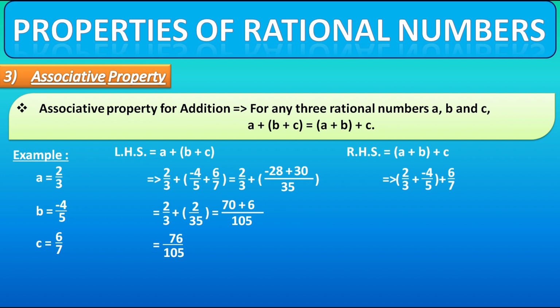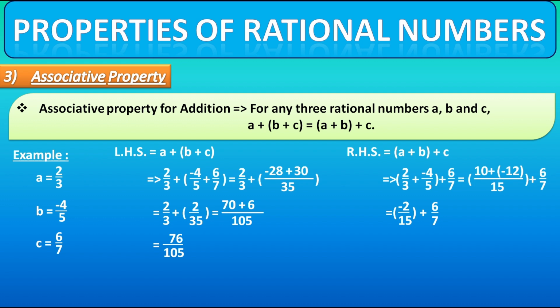Now here 3 and 5 are co-prime numbers, so 3 5s are 15 we have in the place of the denominator and we have to multiply this 2 with 5, so 2 5s are 10 plus in the bracket minus 4 into 3 is minus 12. Okay, and outside the bracket we have plus 6 upon 7. Now 10 plus minus 12 will give you the answer as minus 2. So minus 2 upon 15 is there and outside we have 6 upon 7.